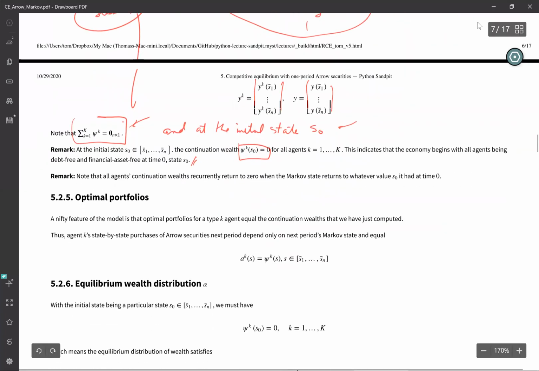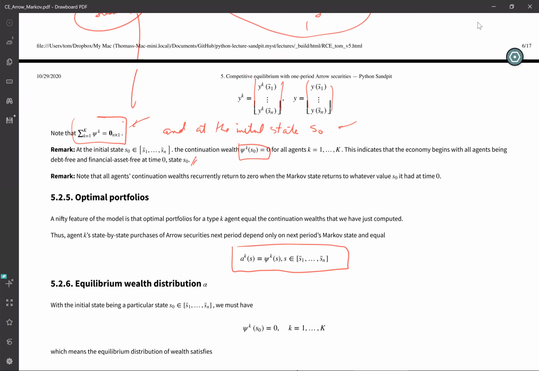So now, what are optimal portfolios? Well, we've already computed them. Optimal portfolios, we saw this when we studied Arrow securities. We're just going through and computing, in a Markov setup, the objects that comprise a competitive equilibrium with trading of Arrow securities.